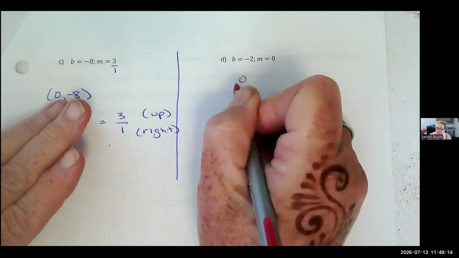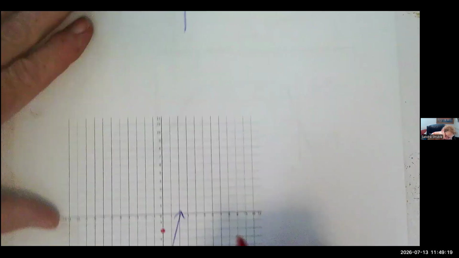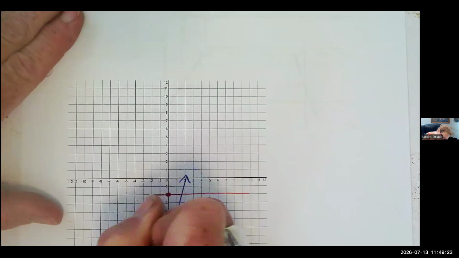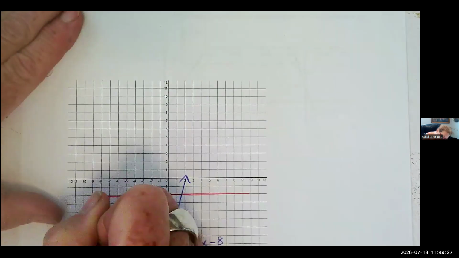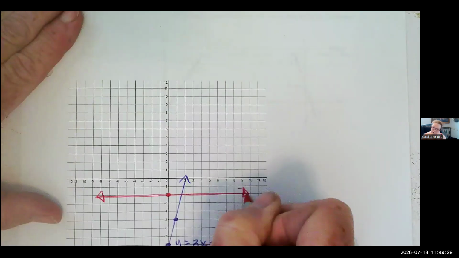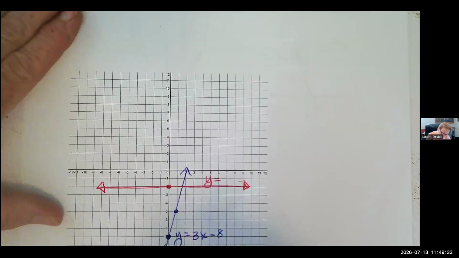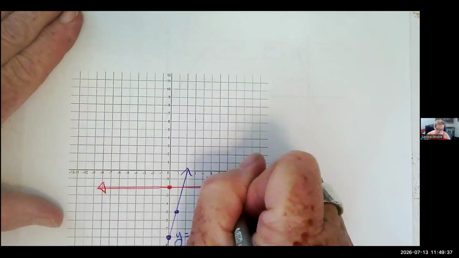So you're running perpetually in both directions because this is a horizontal line. And since it's a horizontal line, it's y equals, now there's no slope, so it's 0x minus 2, so it's just y equals -2. There's no x involved.